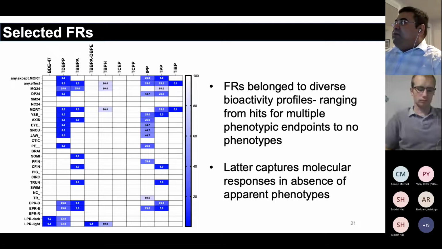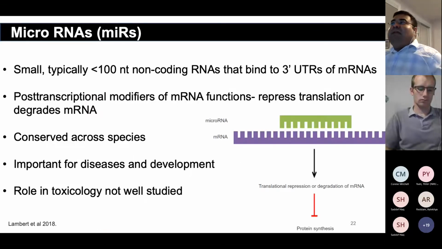So we have been talking about gene expression, and mRNA sequencing is a commonly used technique now, but why are we studying microRNAs? MicroRNAs are small, typically less than 100 nucleotide, non-coding RNAs that can bind to 3' untranslated regions of mRNAs. They can act as post-transcriptional modifiers of mRNA function, either by repressing translation or by degrading mRNA.